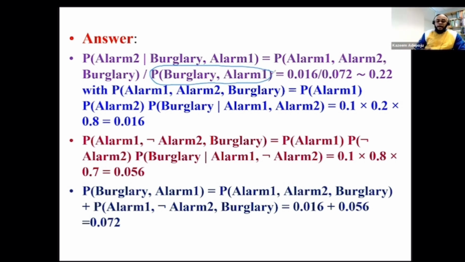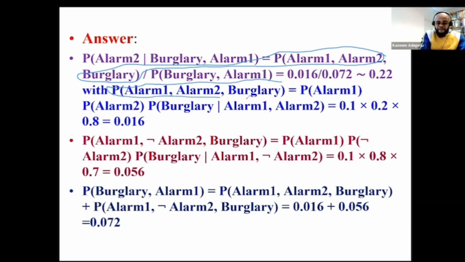Because of that, the numerator, which is the probability of the joint, how will I get that? I want to find the probability of alarm 1, comma, alarm 2, and burglary.